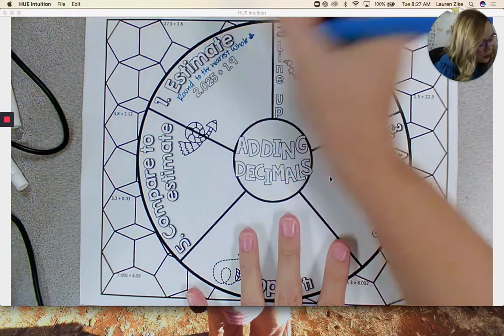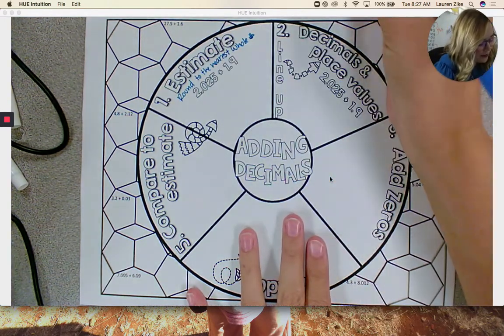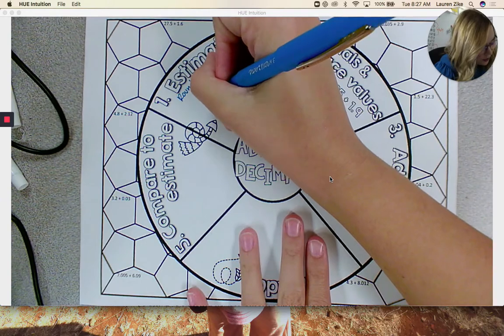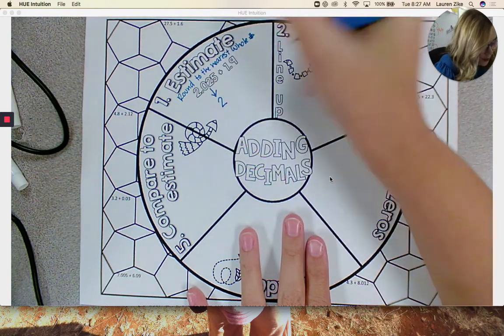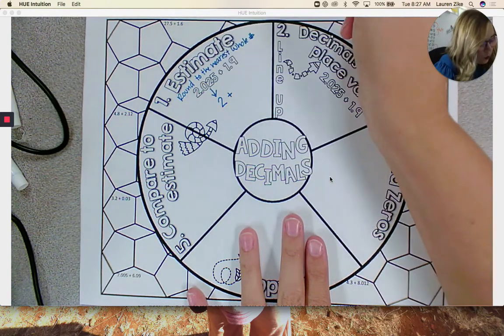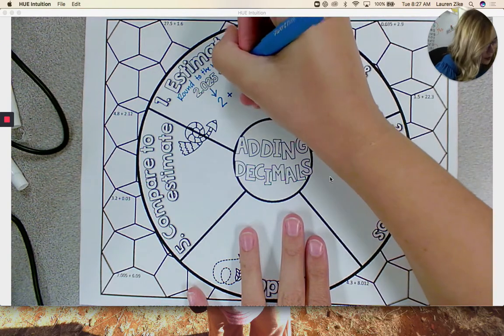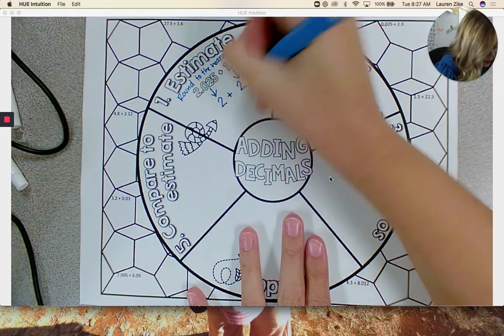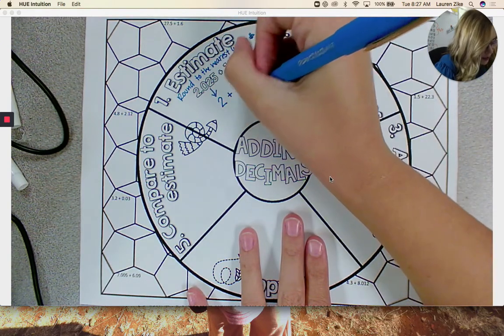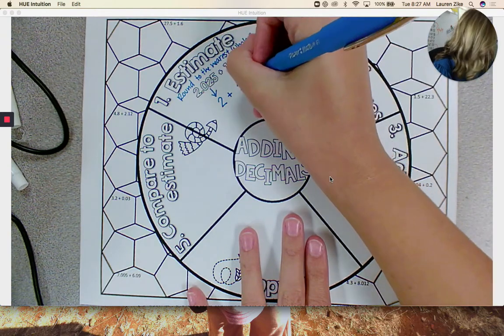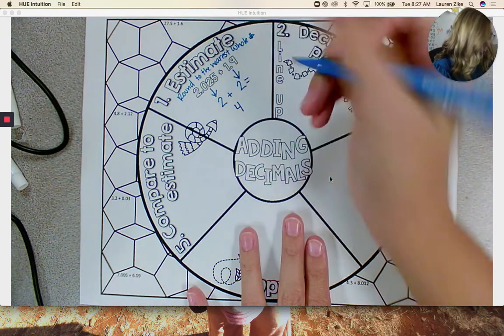So 2 and 25 thousandths is going to round down to 2. 1 and 9 tenths is going to round up to 2. So if we add these two together, we get 4.